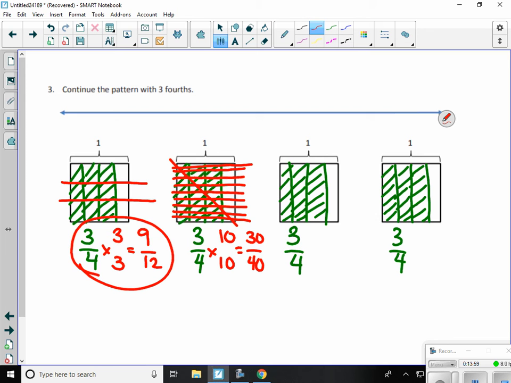Malachi, something normal? So your equivalent fraction is? What is your equivalent fraction? He drew 4 lines. Oh, you drew 4 lines. Sorry. Your equivalent fraction is what?